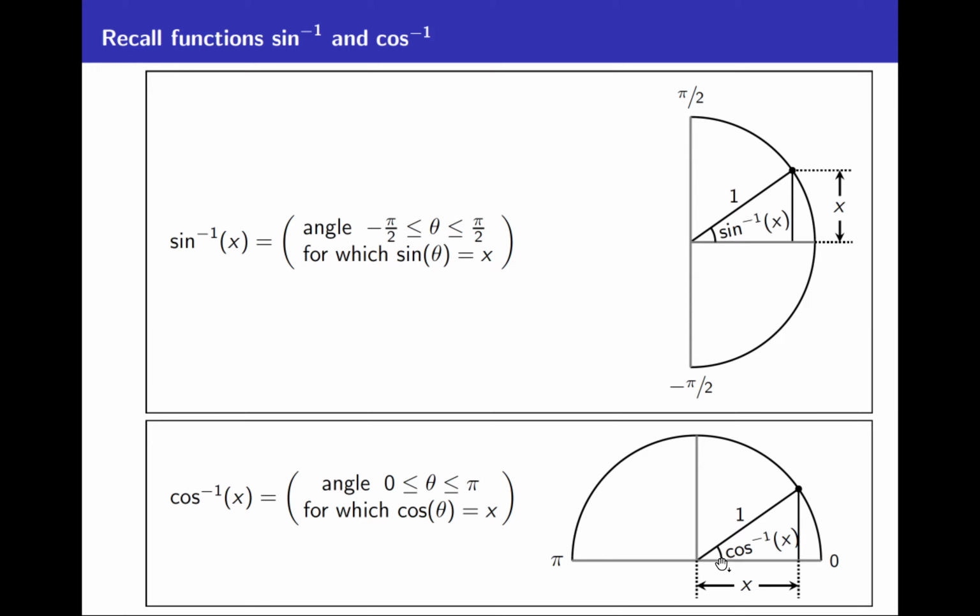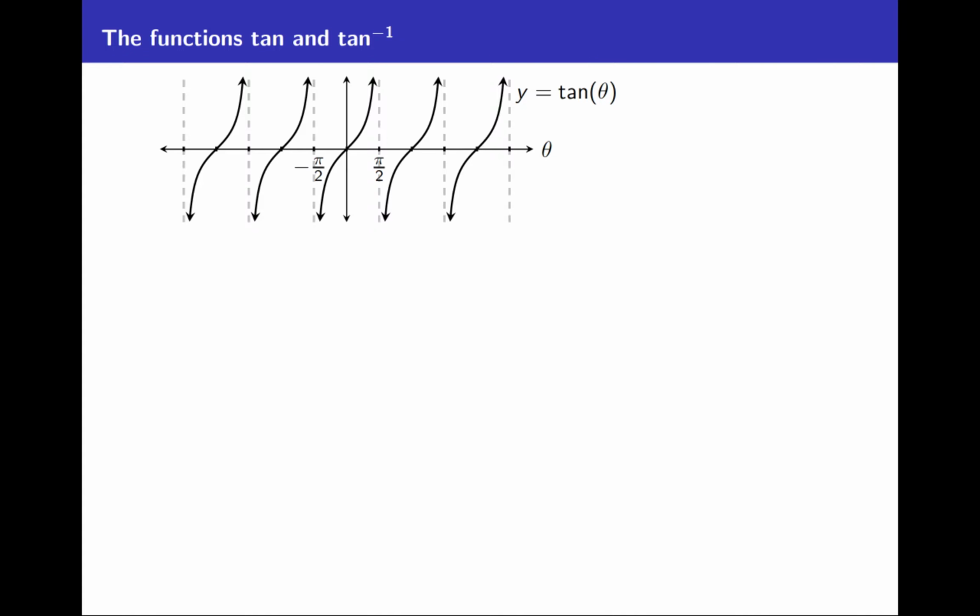So this angle is the angle for which if you took cosine of it, you'd get x. So it is cosine inverse of x. We worked out numerous examples last time and looked at some properties of sine inverse and cosine inverse. Today we're moving on.